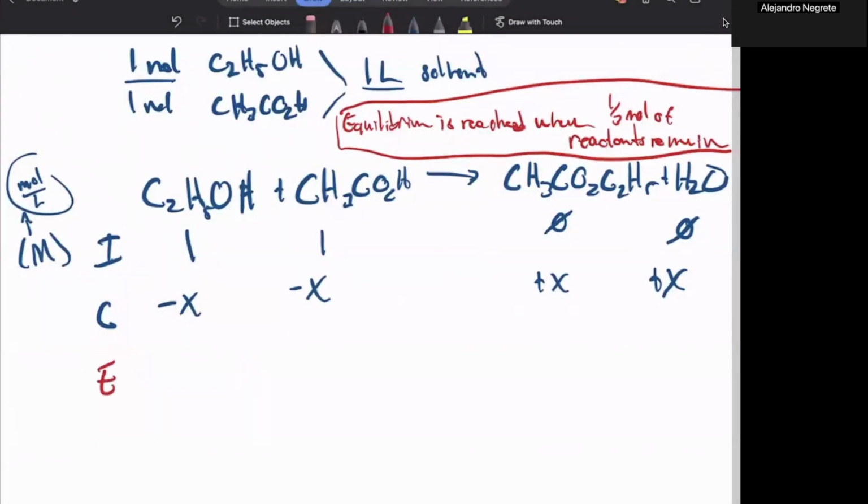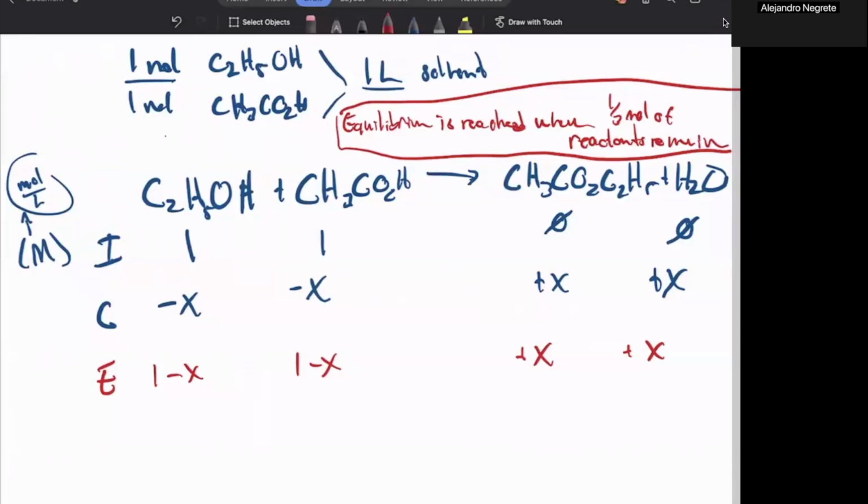And here we have our equilibrium concentrations: 1 minus x, 1 minus x. This is just going to be x, and this is just going to be x. I'm not going to put 0 plus x, I'm just going to put x. But if equilibrium is reached when 1/3 mole of the reactants remains, well, 1/3 mole in a 1 liter solution is 0.33333 molar, or we could just say 1/3 molar.